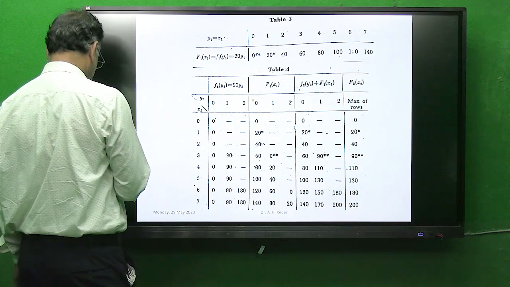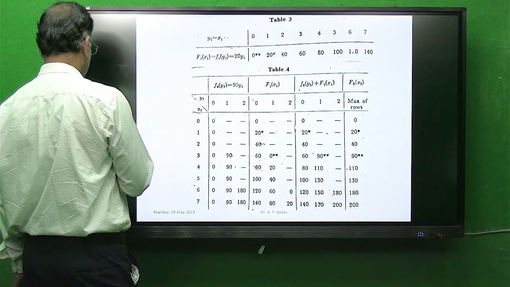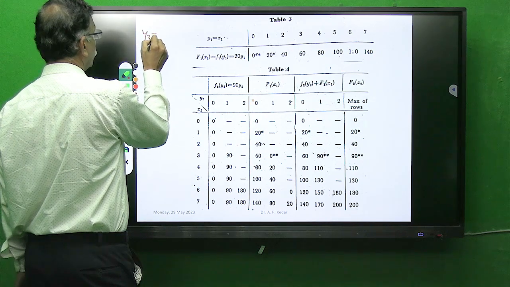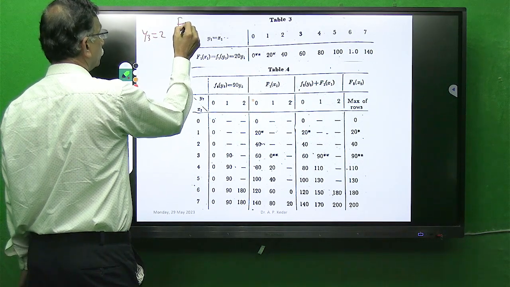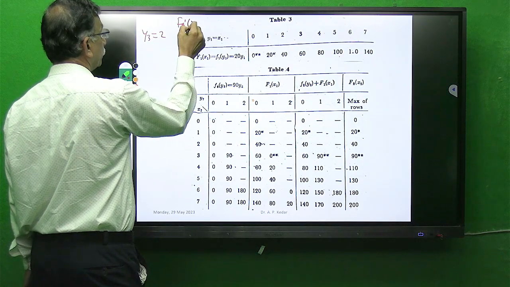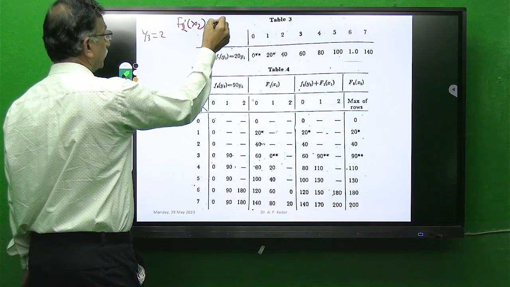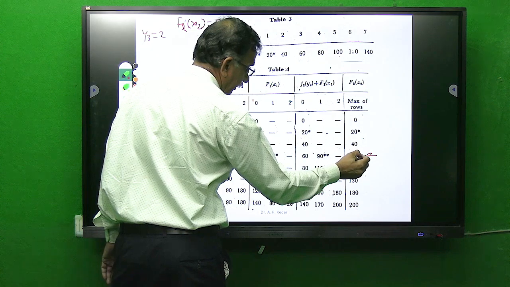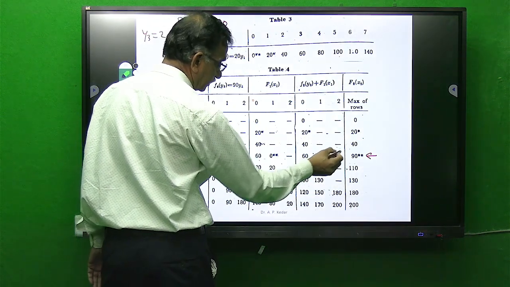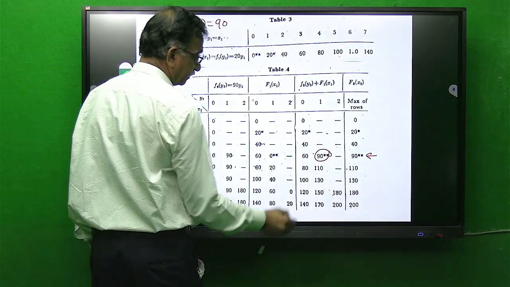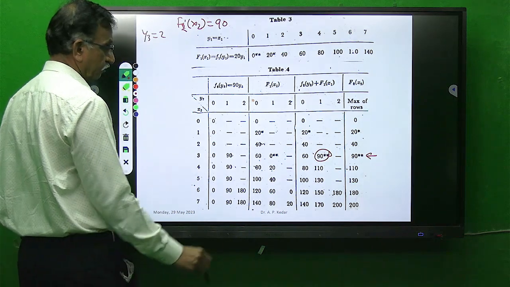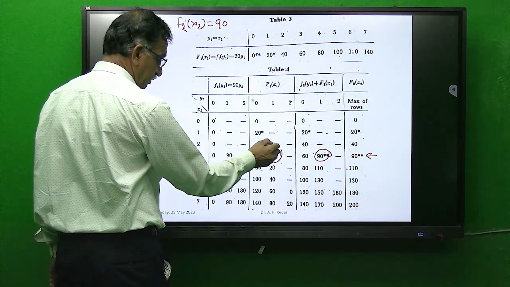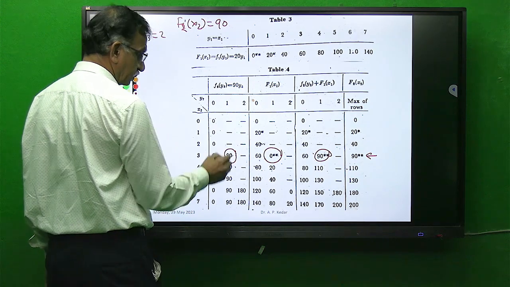I will write it for our reference. What we got is y3 equal to 2, and for f2 of x2 we were considering 90. This 90 is from the middle column, which is the sum of this and this.